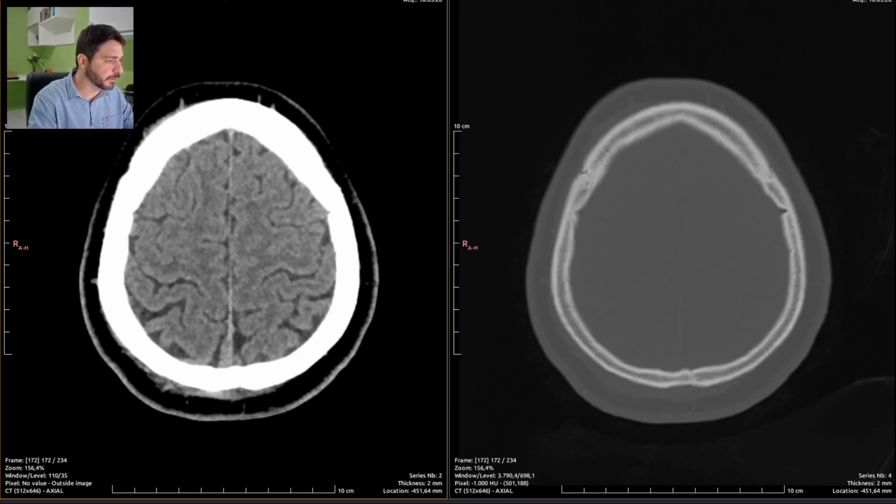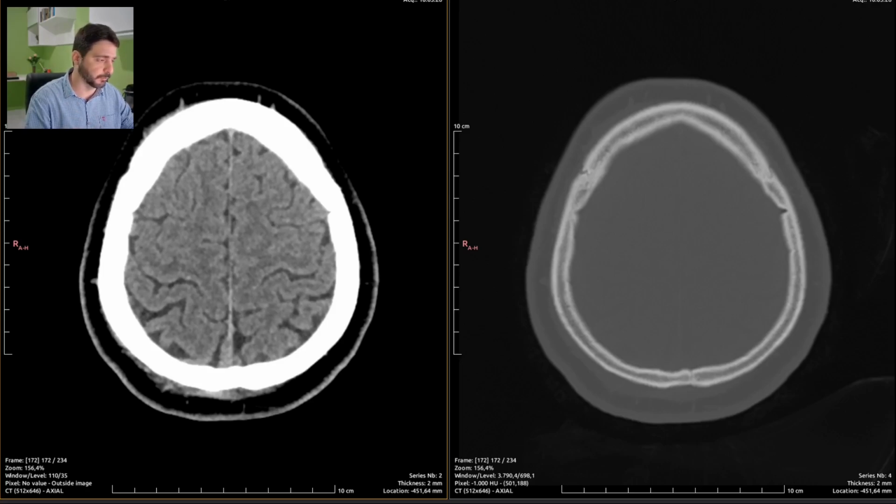And I'm going to quickly report that thickening and densification of soft tissue parts on the right side of the patient, because that hematoma has been seen on the physical exam, so we have to report it.